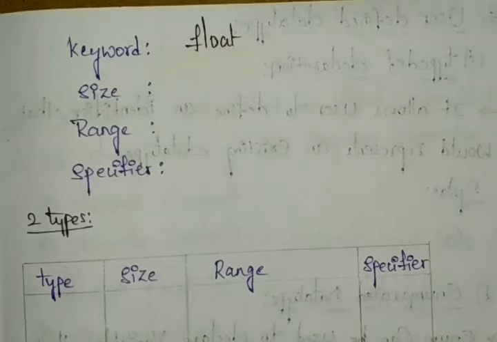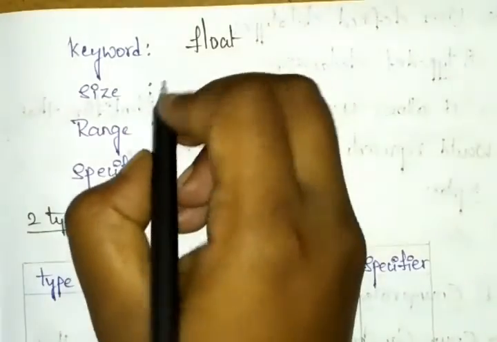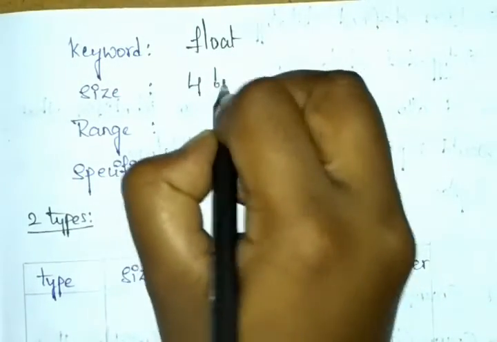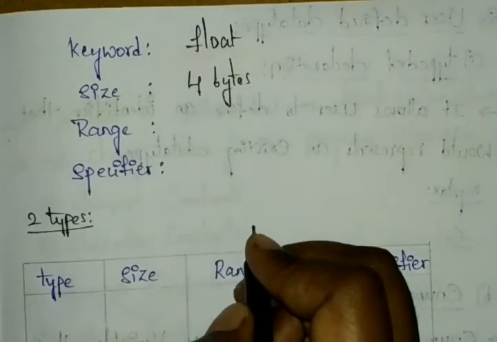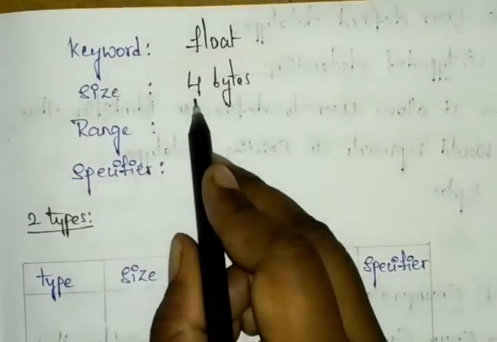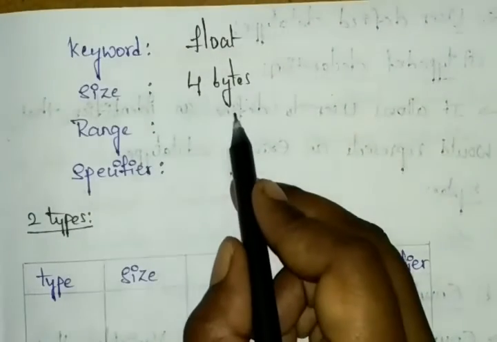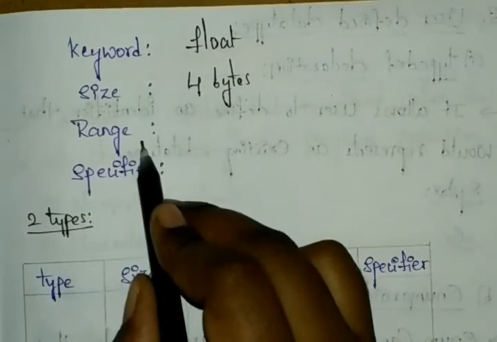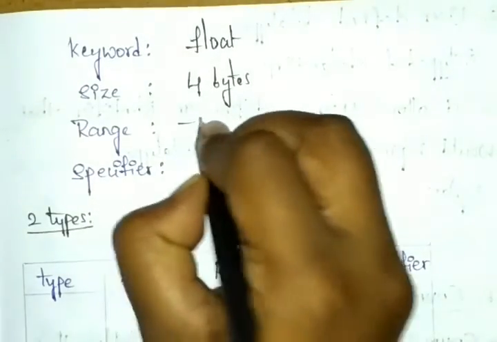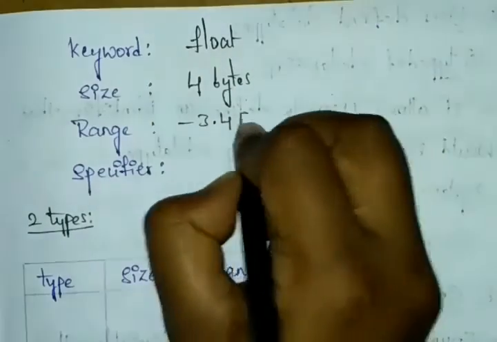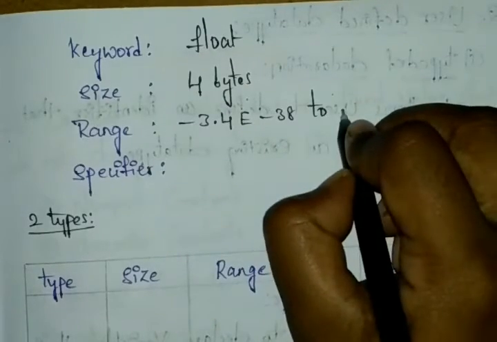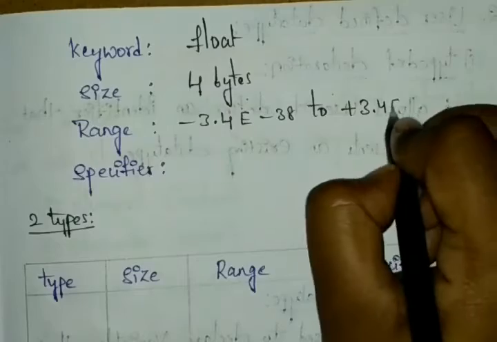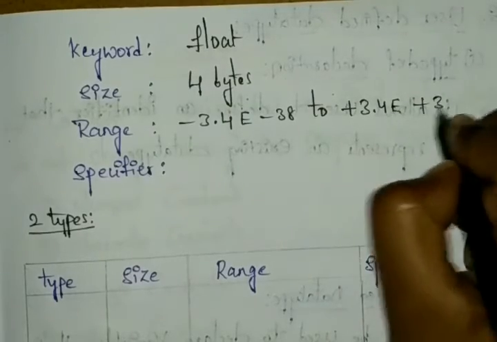And the size of the float data type is 4 bytes of memory, which is 32 bits. If you convert bytes to bits, you get 32 bits of information. And the range is minus 3.4 e minus 38 to plus 3.4 e plus 38.